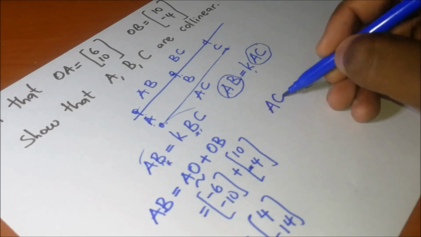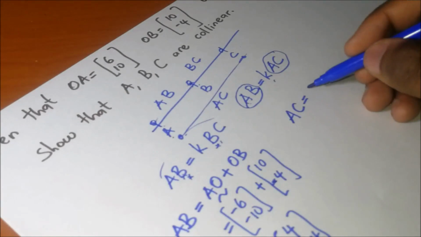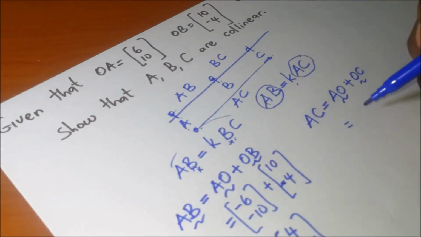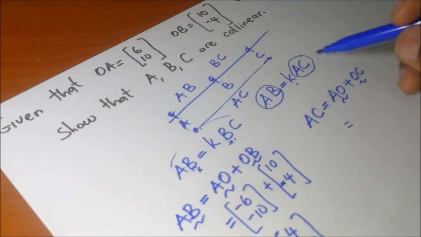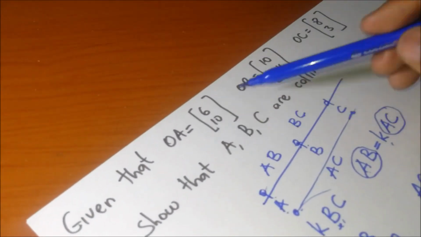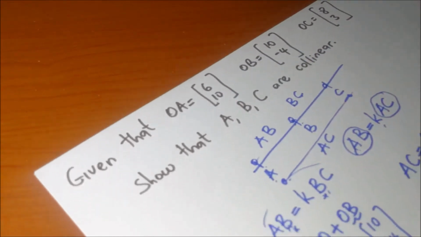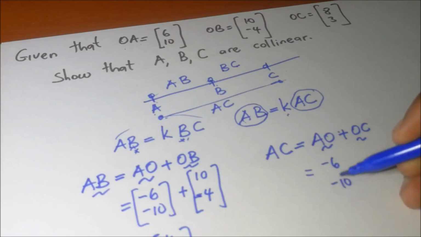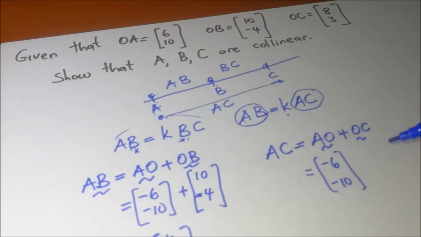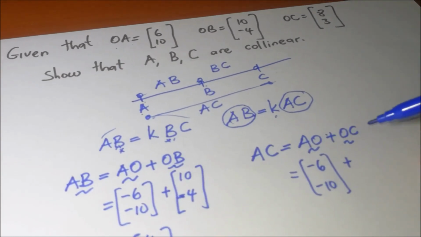So we have gotten AB, now let's find AC. So again, AC is going to be equal to AO plus OC. So that's going to be equal to AO, which is (-6, -10), and then we have plus OC.